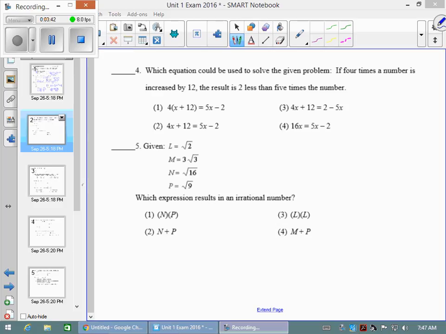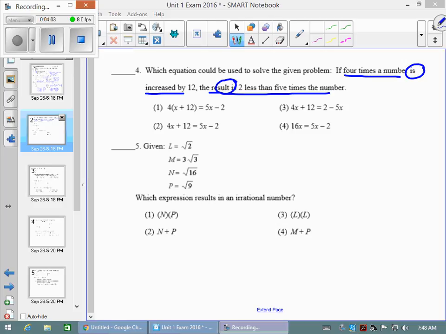Okay, for number 4, which equation could be used to solve the given problem? It says if 4 times a number is increased by 12, the result is 2 less than 5 times the number. Okay, as we read this question, we're going to notice here that there are 2 places where we saw the word is, and I just circled both for us.